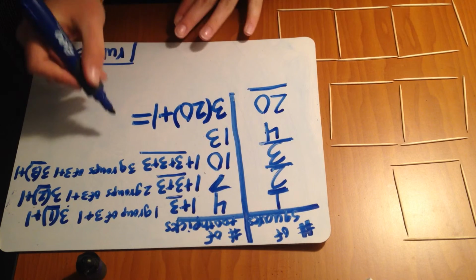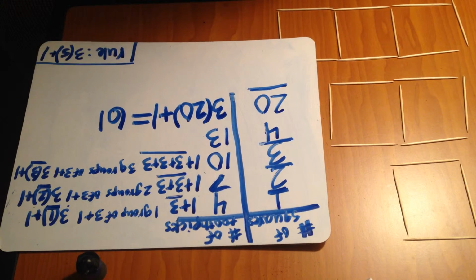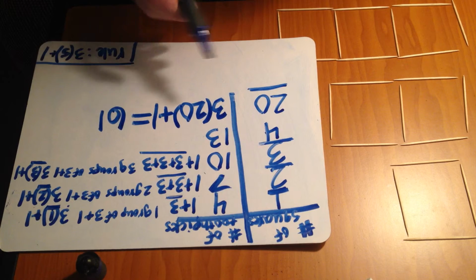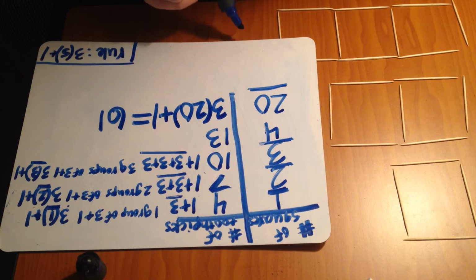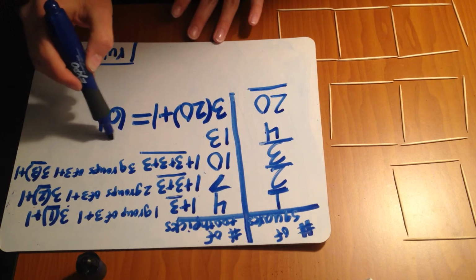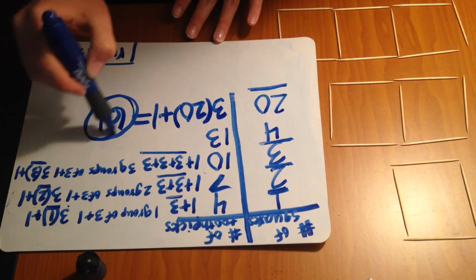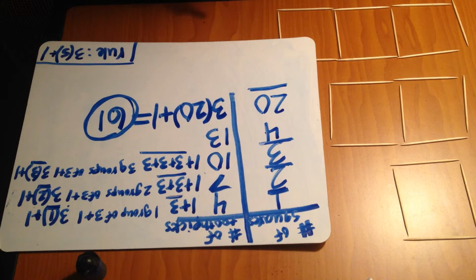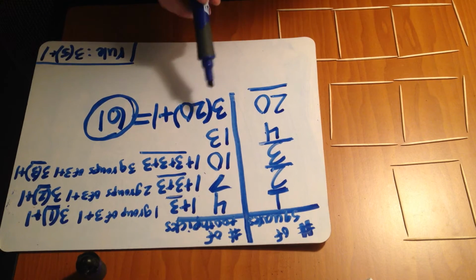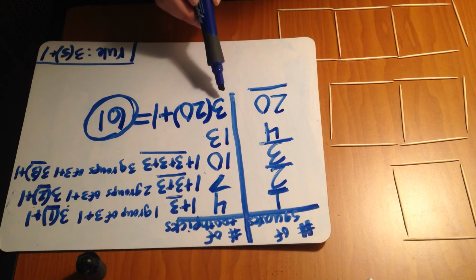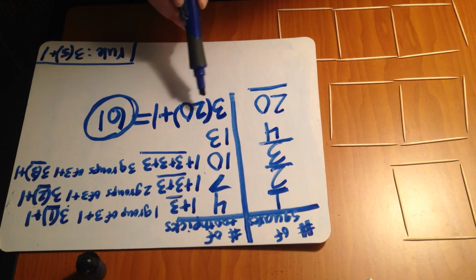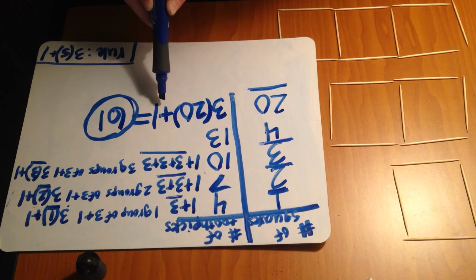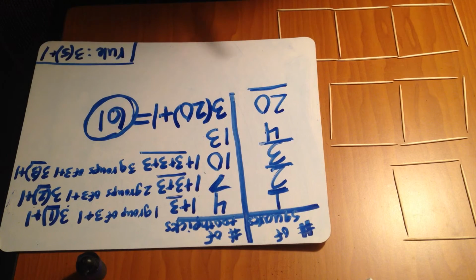And I know that gives me 61. So this tells me that if I have 20 squares, there will be 61 toothpicks in those squares. I found that out by using my rule, which says that 3 times the number of squares plus 1 will give me the number of toothpicks.